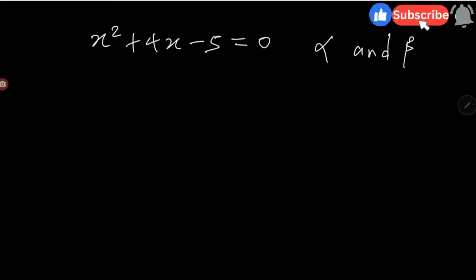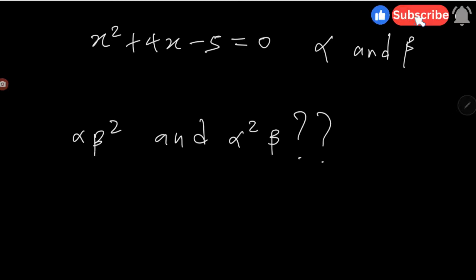Okay, then they're asking us to find an equation that will have roots alpha beta squared and alpha squared beta. Okay, so what will be the equation of this one?